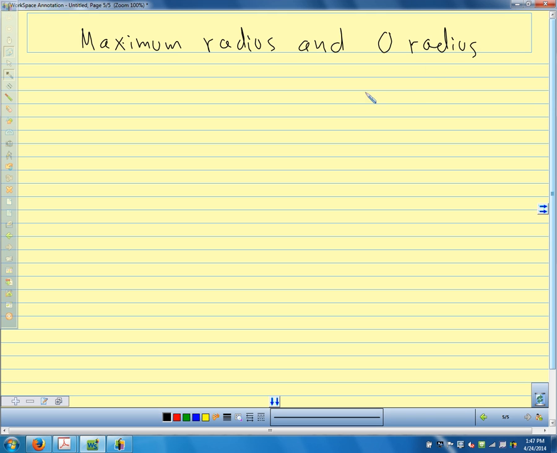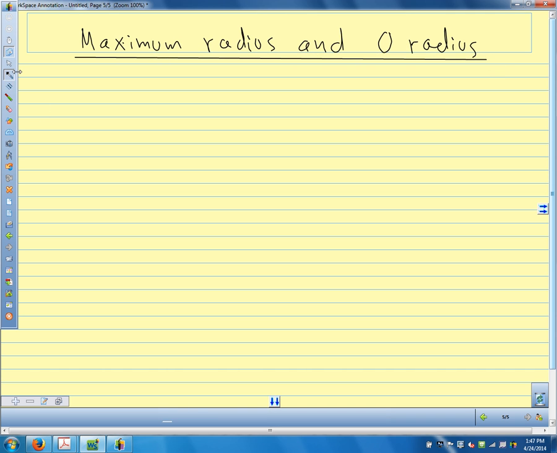So it can be helpful to figure out when the radius is going to be the largest and when the radius is going to be 0. When the radius is 0, we know we're at the pole. So if we look at our function and we can figure those things out, that'll help us know, okay, this is the biggest the radius is ever going to be, and at this theta value, I know I'm going through the pole.